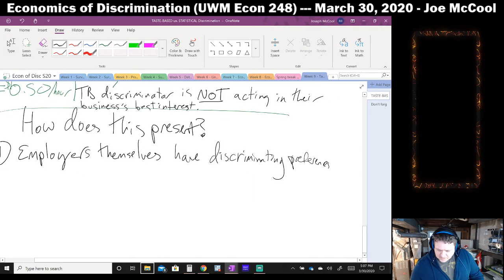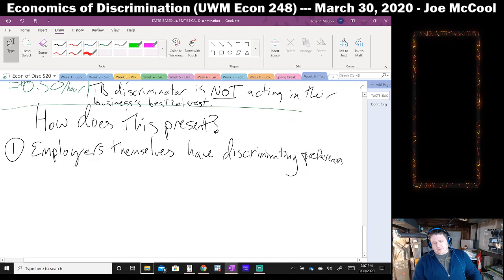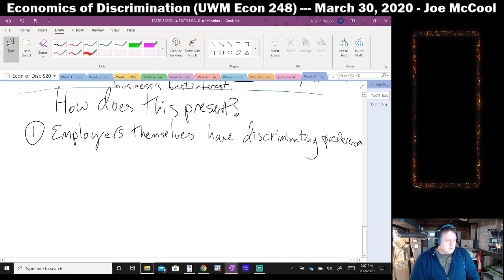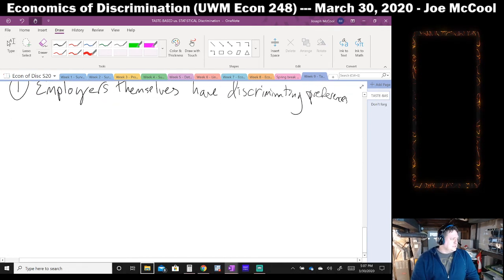So this is the one that we've been running with as the example. The employers themselves are the ones who are discriminating against their new hires.